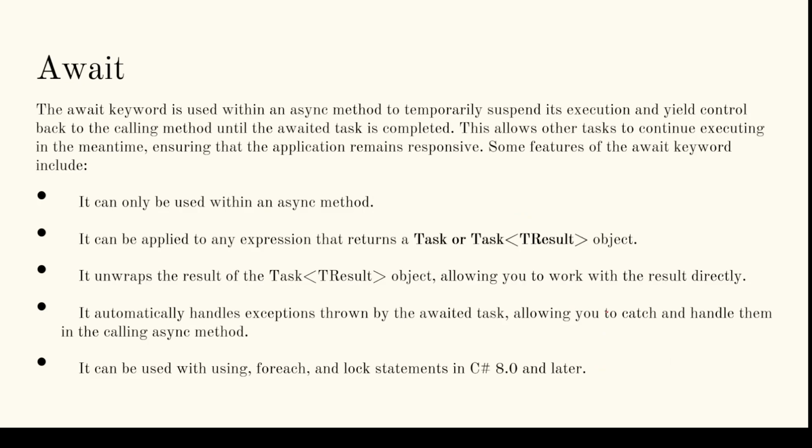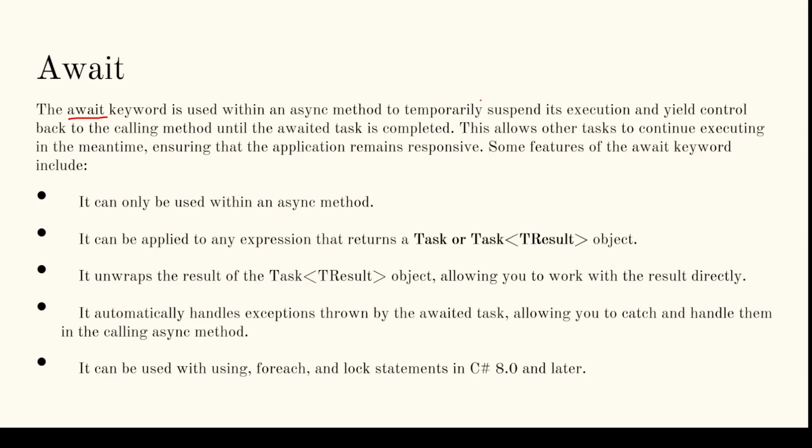Now let's learn something about the await keyword. The await keyword is used within the async method to temporarily suspend its execution. The await keyword can only be used within an async method. It cannot be used in any normal method. If you try to use the await keyword in a normal method, you will receive a compilation error.